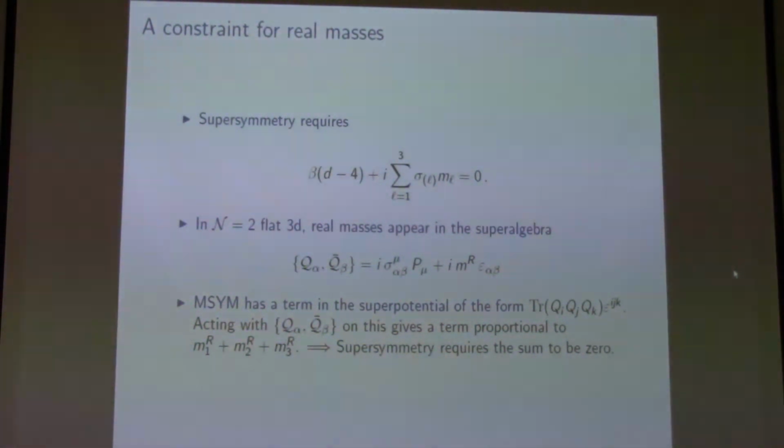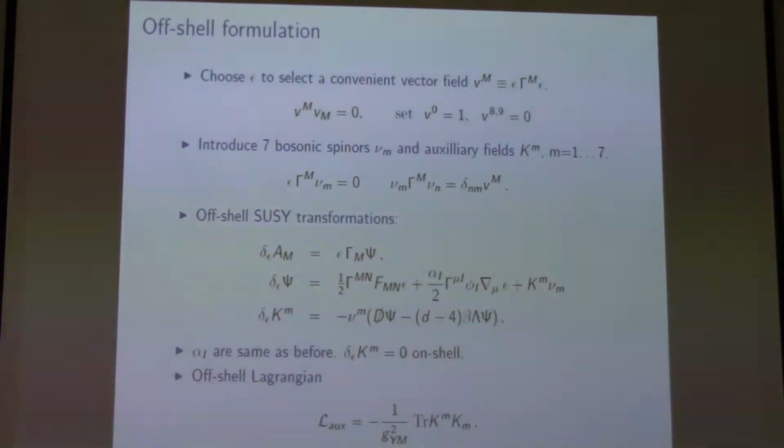Okay, anyways, now finally getting to the off-shell formulation. You know that for 16 supersymmetries there's no complete off-shell formulation, but for localization it turns out we don't need an off-shell formulation for all 16 supersymmetries, and basically only need it for one.